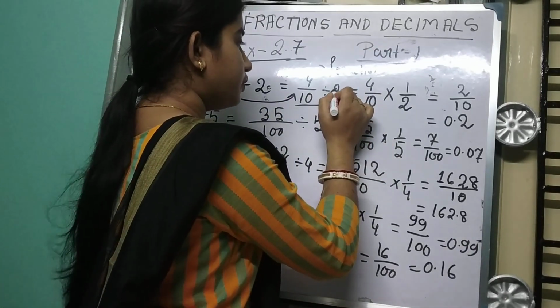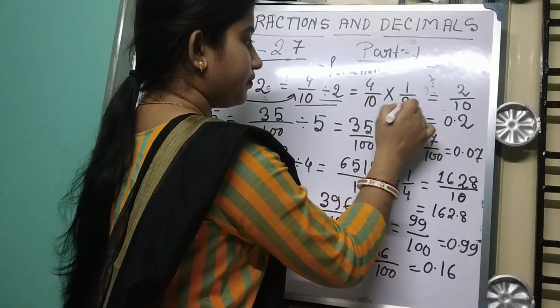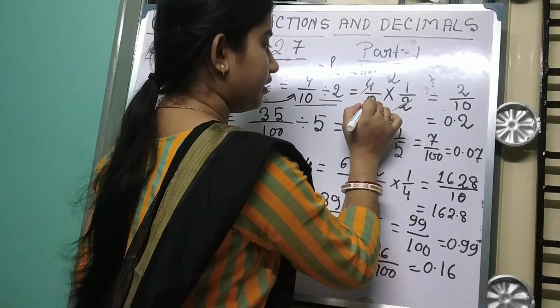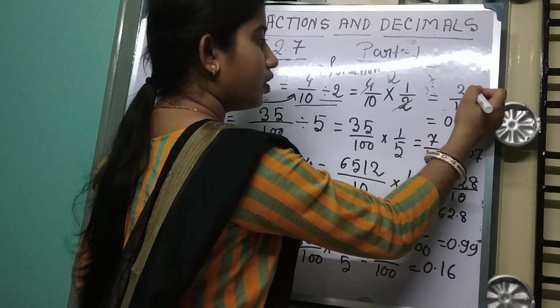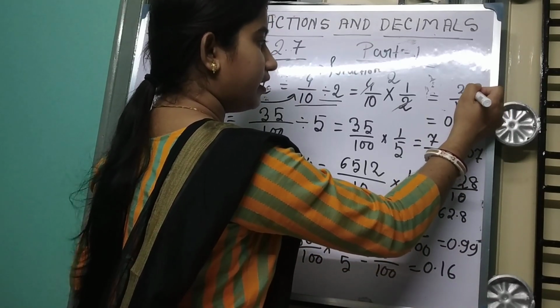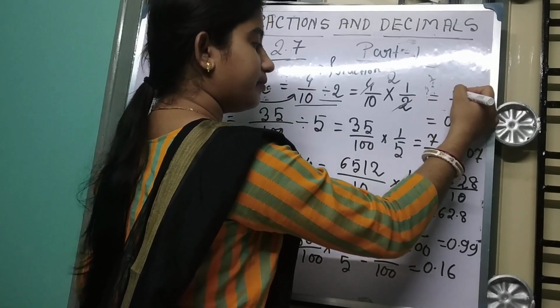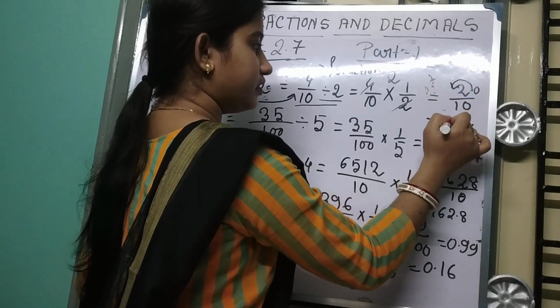So the reciprocal of 2 is 1 by 2. Now we simplify this. 2 2s are 4. So 2 into 1, and 10. So this is 2 by 10, which means we shift the decimal point by 1 place to the left side. So we get 0.2.